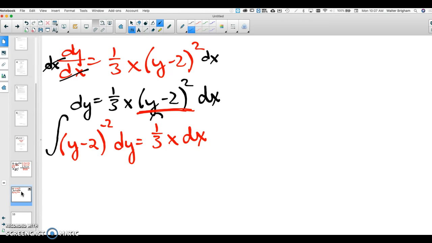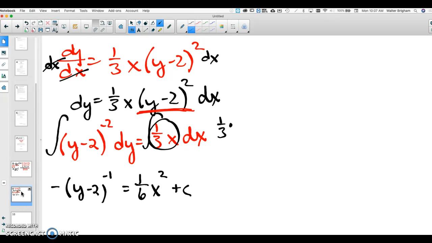I can now integrate. So the integral of something to the negative 2 is something to the negative 1, negative sign on the outside, equals, sorry about that, 1/6 x squared plus c. Where did I get the 1/6 x squared? The integral of this is 1/3 times 1/2 x squared.